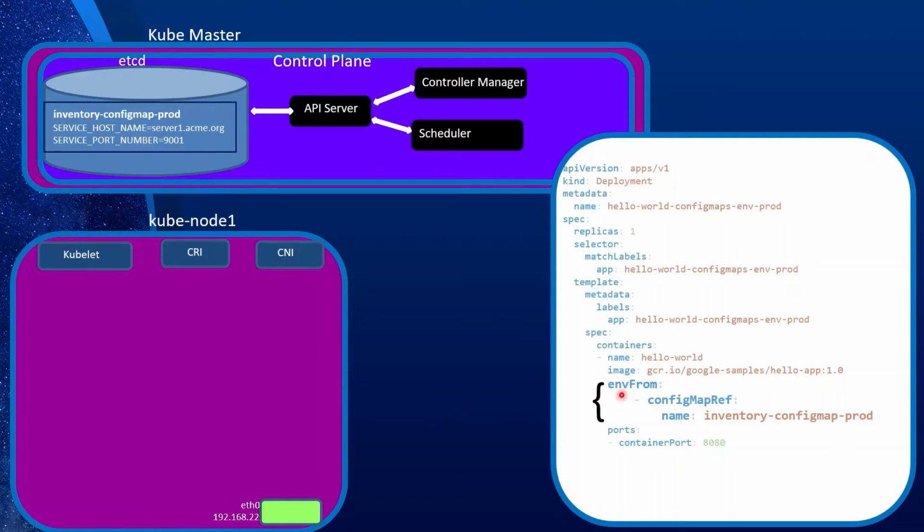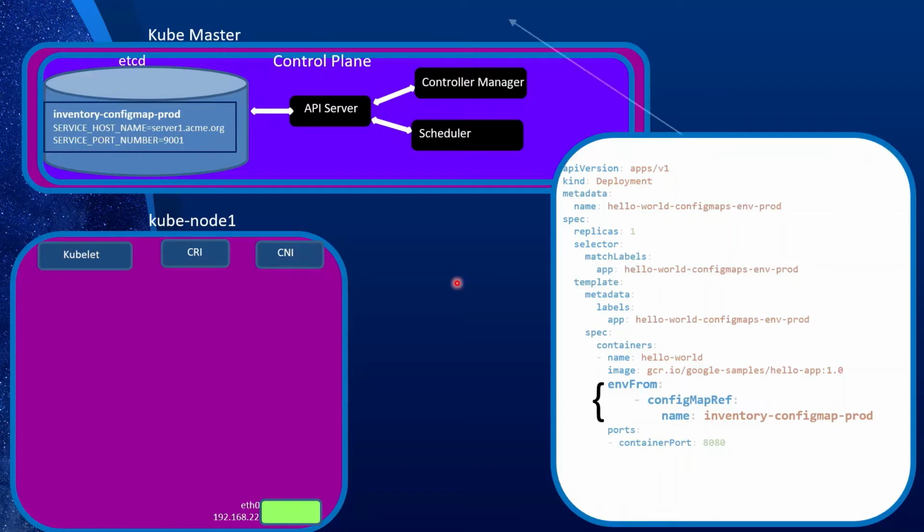There's another way where you explicitly specify the name of each key, but that becomes a little bit cumbersome. So I prefer this shortcut, envFrom, and then just specify the name of the config map, and Kubelet automatically reads those for you.